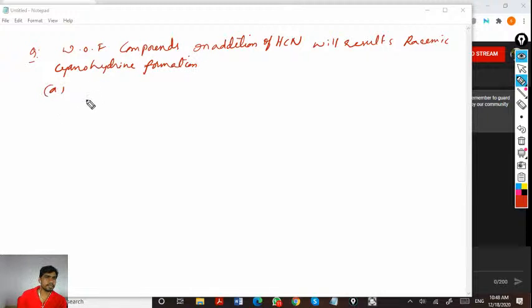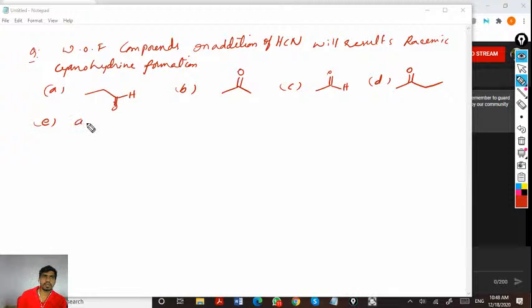Option A, propionate. Option B, acetone. Option C, acetaldehyde. Option D, 2-butanol. Option E, A, C, D. So what could be the answer?